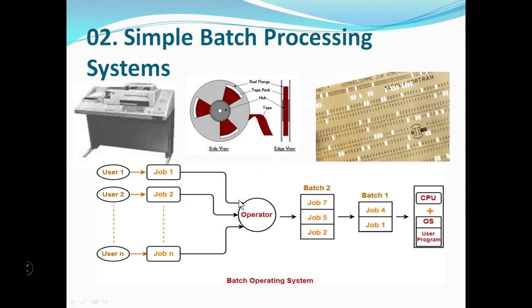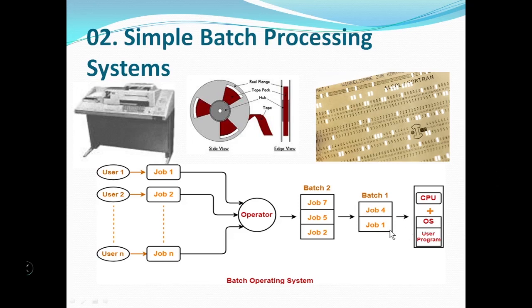Then they hand over those tapes or punch cards to the operator, and the operator batches those jobs into several groups. For example, job 7, job 5 and job 2 is a single batch, and job 4 and job 1 is another single batch. So they were grouped together by the language they have used.